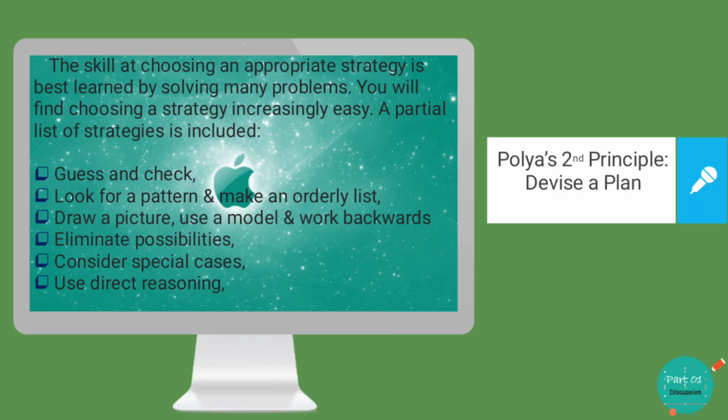Let's see the second principle, which is devise a plan. Sometimes, to be able to solve a problem in mathematics, we need to devise a plan. Just like an engineer, before you construct certain innovative materials, or specifically for civil engineers, before they construct a building, he or she needs to do a floor plan for the building that he wants to build.